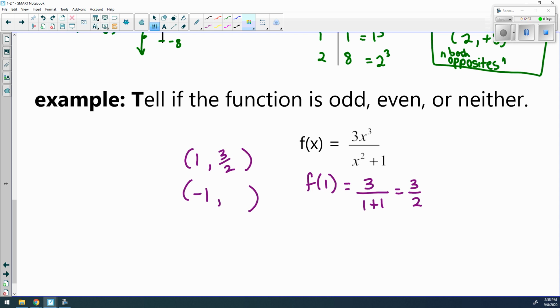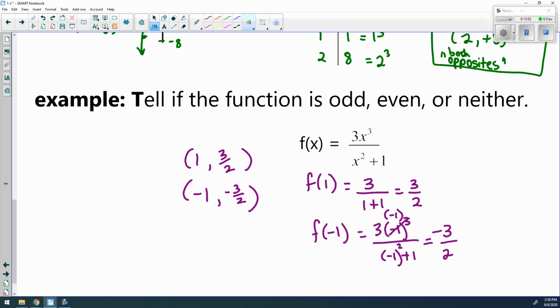Now, let's plug in -1. So if I plug in -1, 3 times -1 to the third power, and then -1 squared plus 1, that's going to give me -3 over 2. -1 to the third power, remember, would be -1. -1 times 3 is -3.